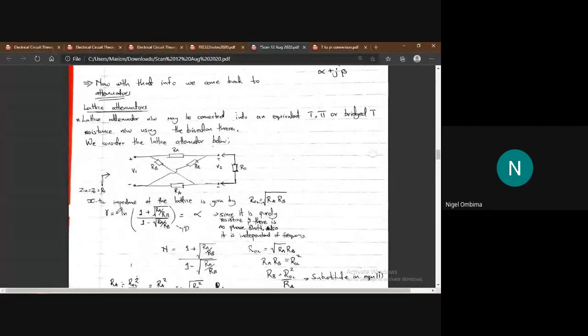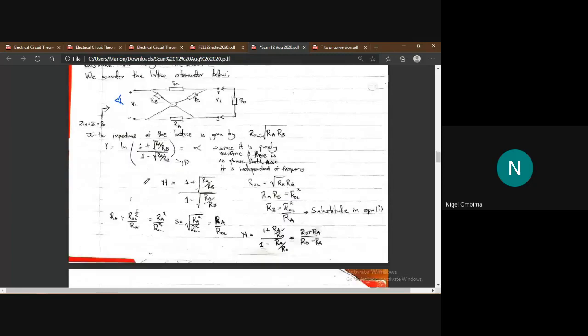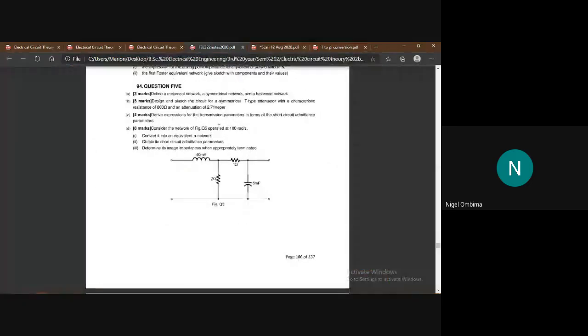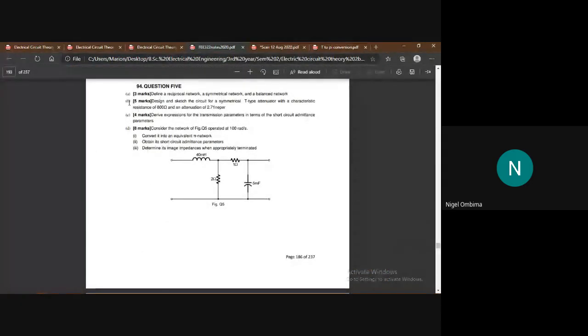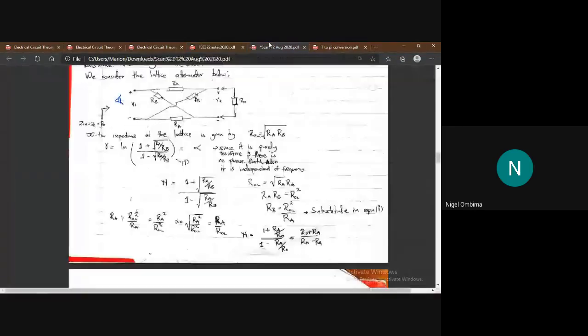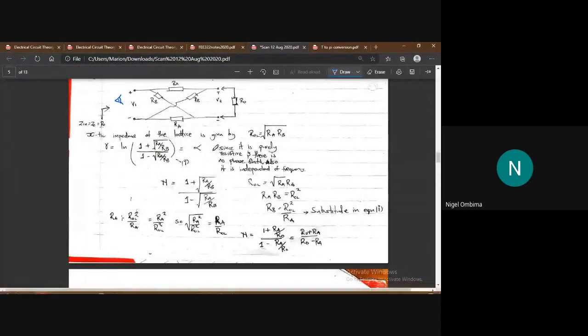Our characteristic impedance, looking into the circuit from this side, is given by ROL, which is equal to the root of RA RB. So we are to derive the equations that we're supposed to use in this question B. Oh, I've got 9 minutes.